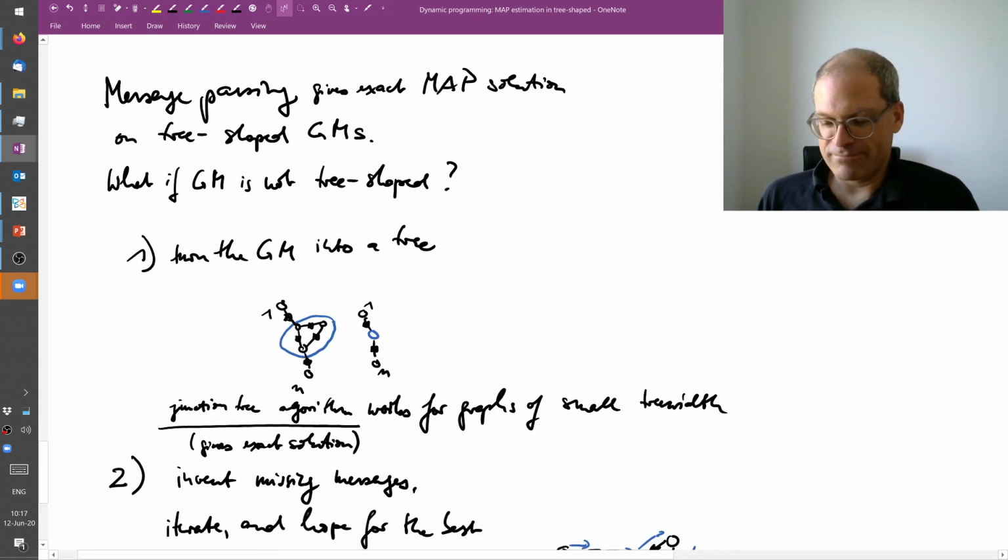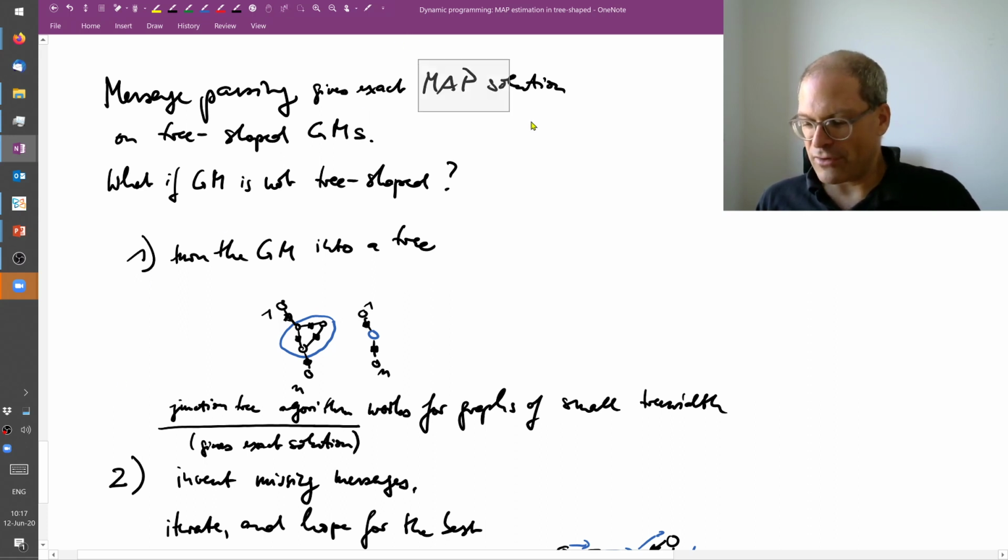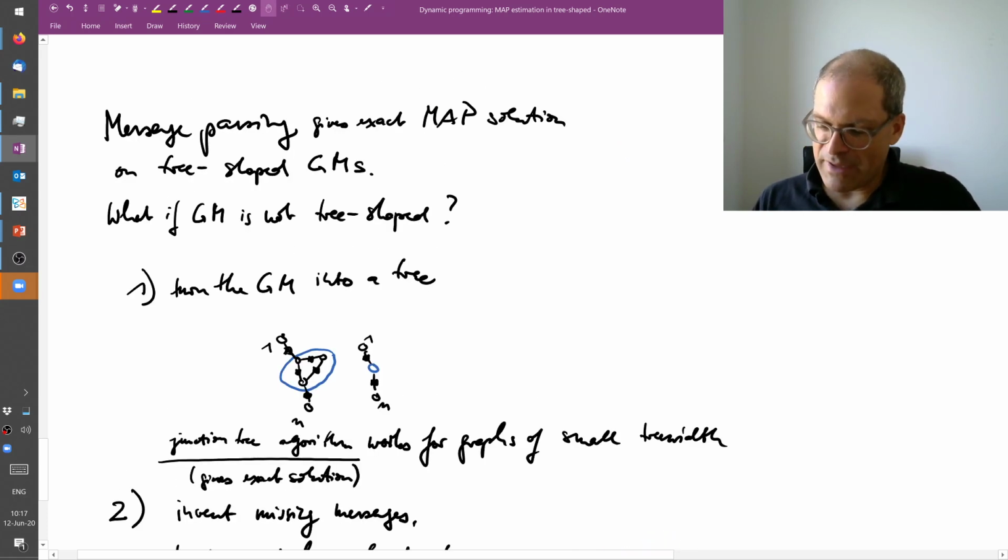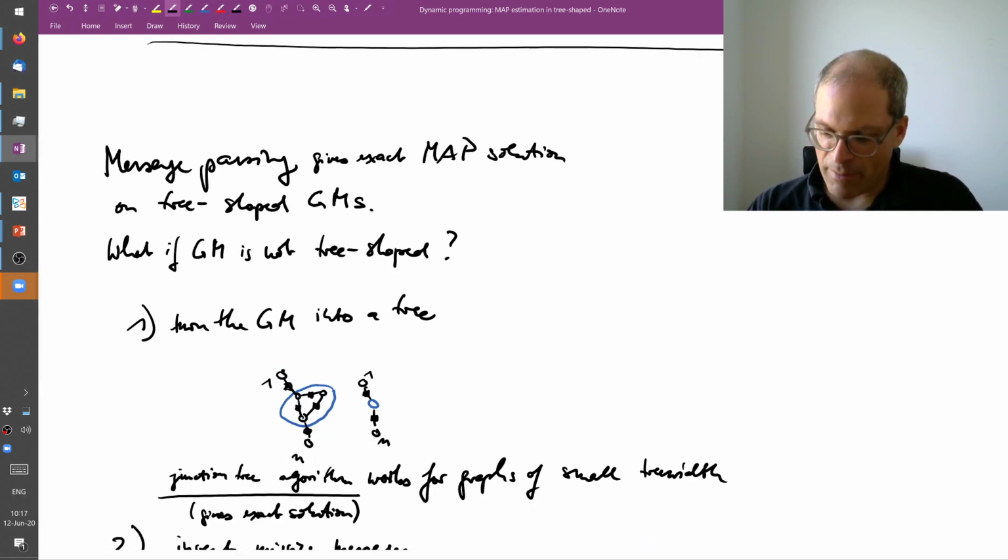Message passing, this is what this technique is called, it gives us the exact MAP solution on tree-shaped graphical models. So MAP means maximum a posteriori, and why?